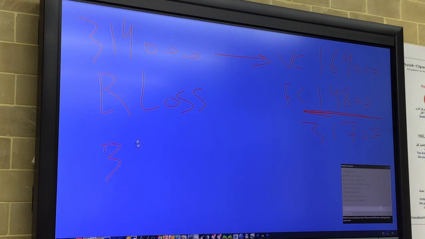So compare 340 with 317. So here is the revenue loss greater than the cost saving or less? The total 317 is less than the revenue loss 340, so the cost saving is lower than the revenue loss. فالديسيجن تبعك راح يكون ايش؟ Drop.